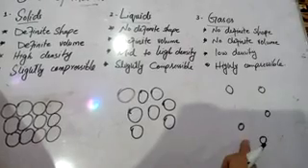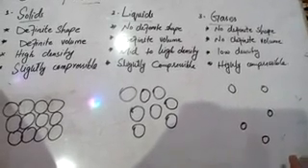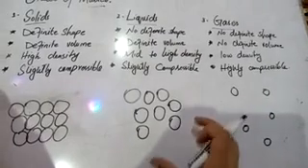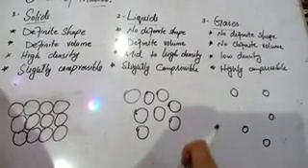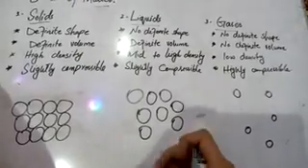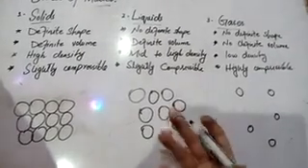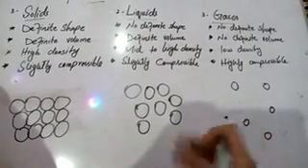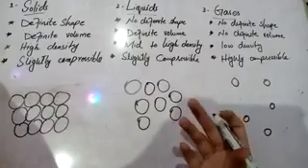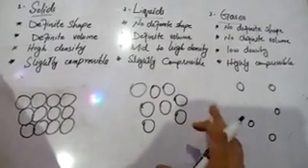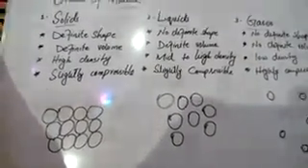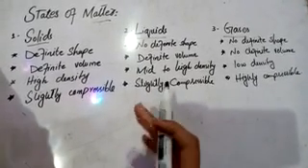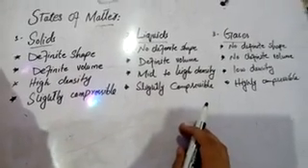As compared to gases, liquid molecules are close, but not close enough to give it a definite shape, while gas molecules are far enough apart. So that's why gases do not have a definite shape. I hope you understand the first characteristic of solids, liquids and gases.